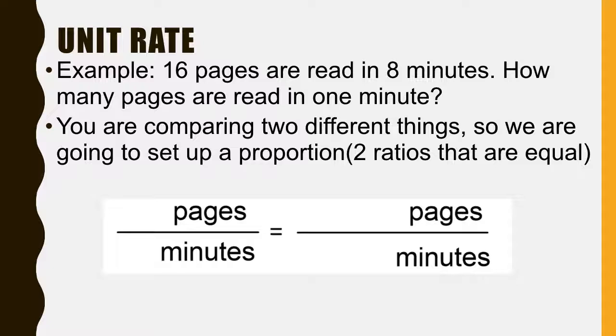We're in 7th grade now, so we're going to learn something called a proportion. We're going to learn how to solve unit rates using a proportion, because sometimes they'll get a little complicated. If we know how to set up a proportion, we know we have the right answer. So copy the example and follow along.